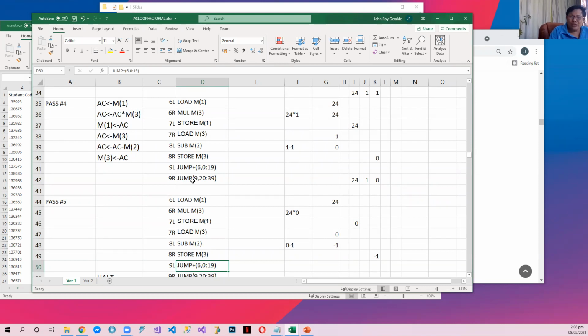What will we do? We use the second option, which is top-down. It's trial and error. If it doesn't work with top-down, try bottom-up. Do you follow? So let me rename this. This is the bottom up.